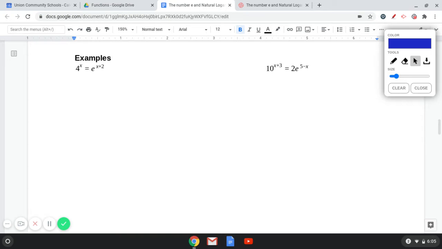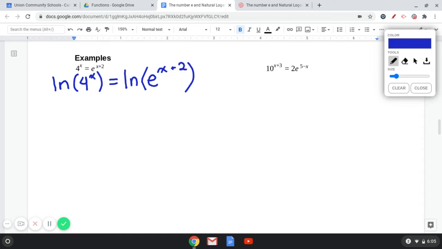Alrighty. 4 to the x equals e to the x plus 2. So for these, one nice thing we can do is, in a sense, take the natural log of both sides. So we can write natural log of 4 to the x is going to be equal to natural log of e to the x plus 2.